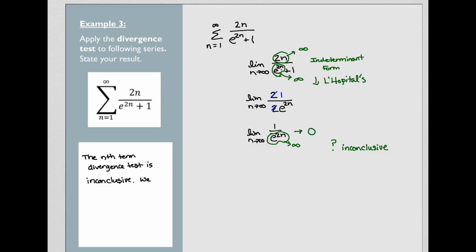We do not yet know if this series converges or diverges. As I mentioned, we'll have to wait till we get some more tools in order to make this determination.